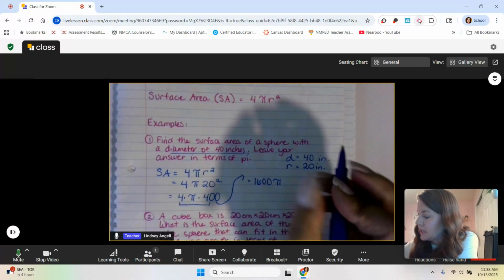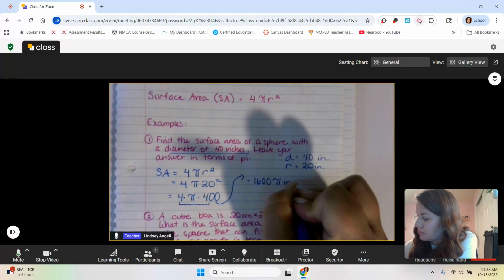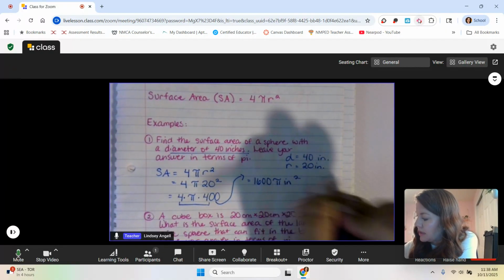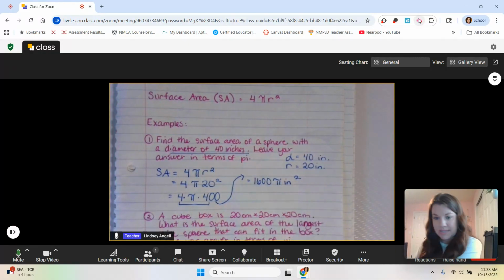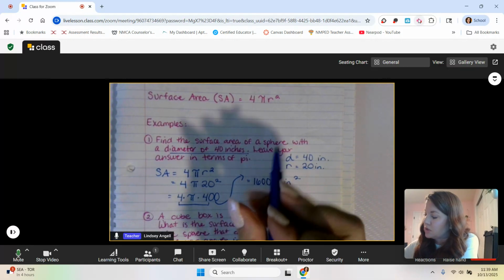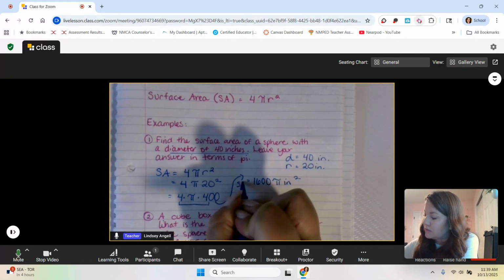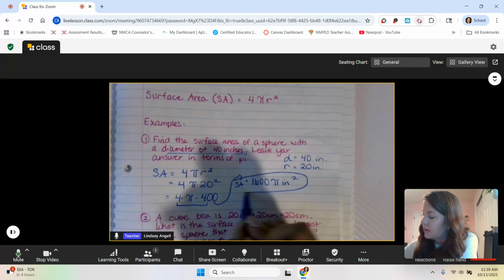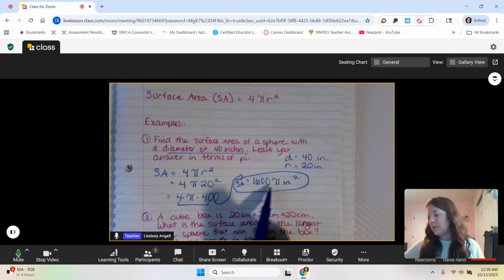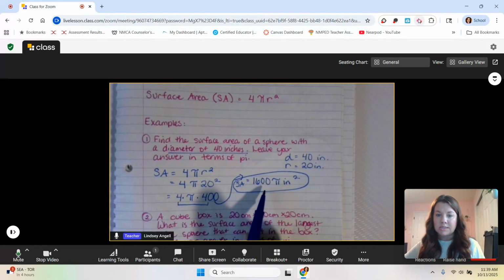And then it was in inches, and they would be squared. Surface area is always squared. That's a two-dimensional feature. So we'll say surface area, and this is what it means in leaving it in terms of pi. We're just leaving pi alone. This is actually more exact than using 3.14.